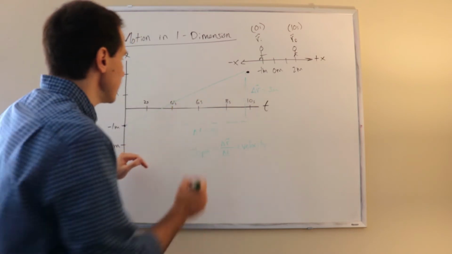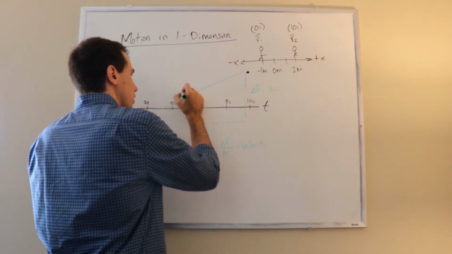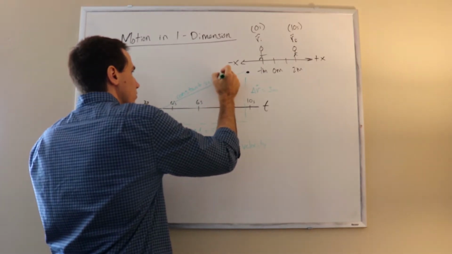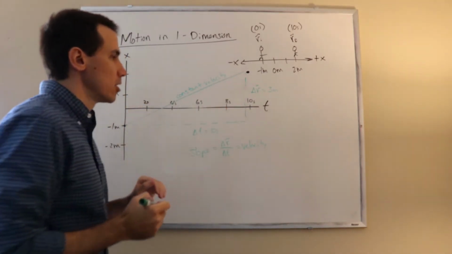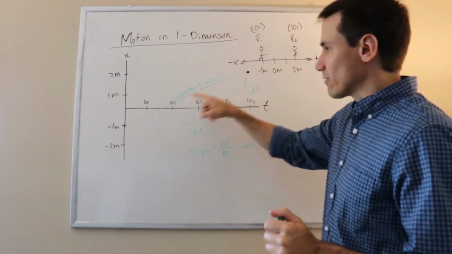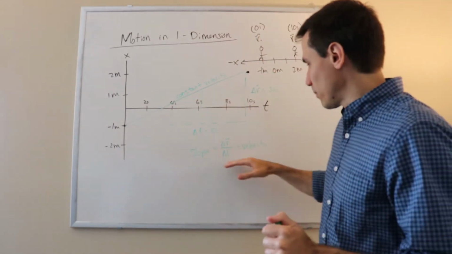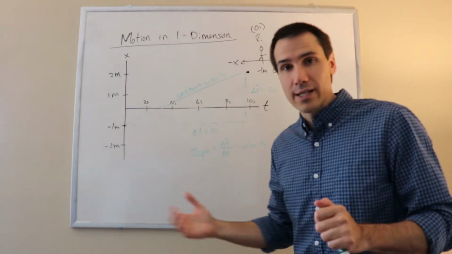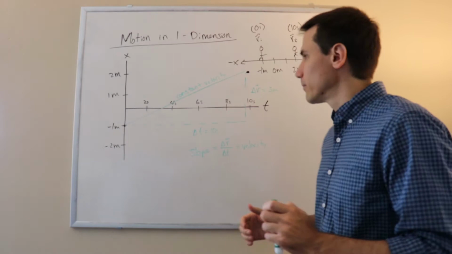And this line represents a constant velocity. Because, for one, the slope never changes. If my slope is velocity and the slope doesn't change, that means that my velocity doesn't change, right?